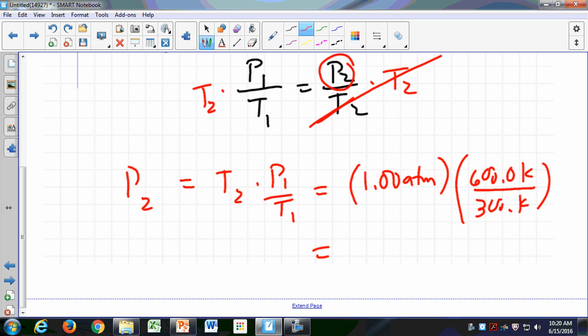And so 1 times 600 over 300 is going to be 2.00. In effect, by doubling the temperature, you're doubling the pressure. Pressure and temperature are directly proportional, provided you are dealing with a fixed amount of gas and the volume is constant when that change occurred.